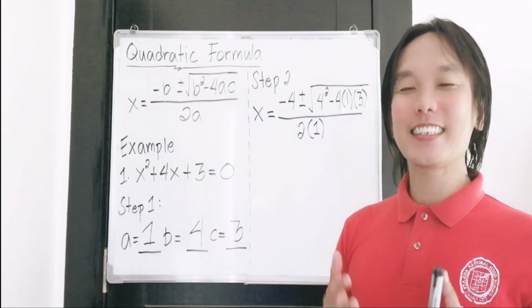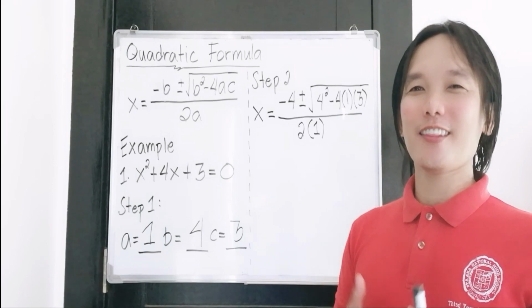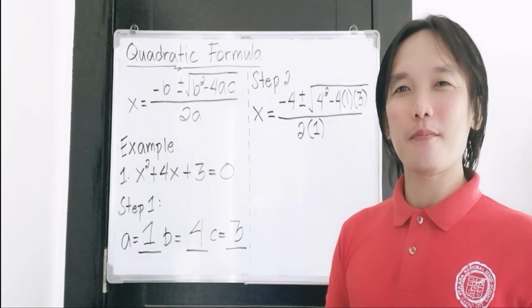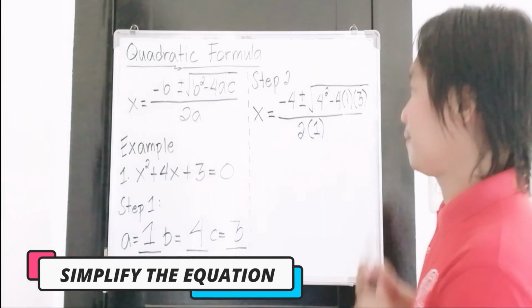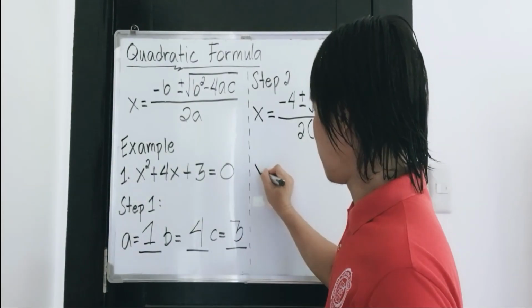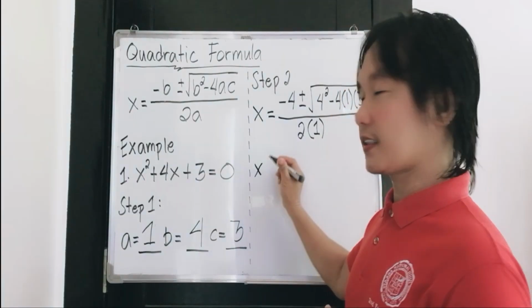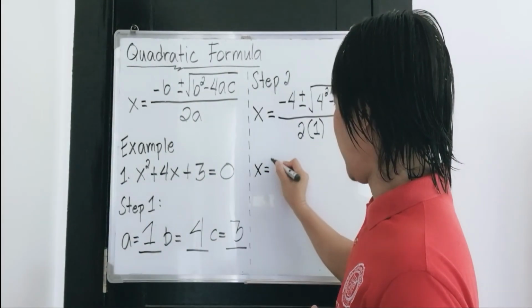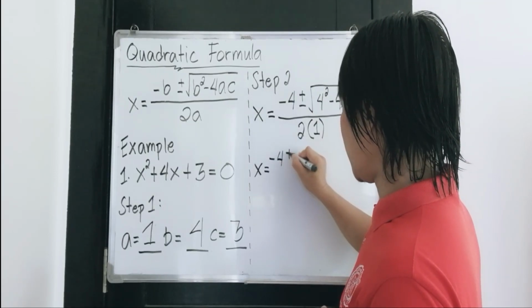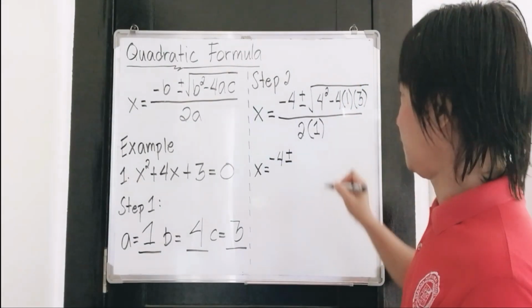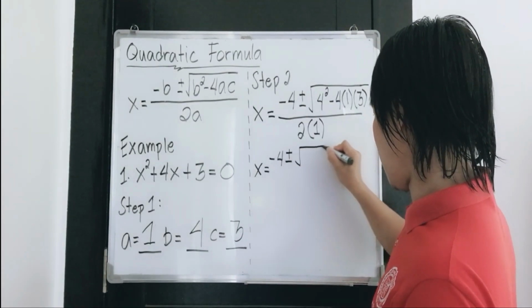Since we already substituted all the letters with their corresponding numbers, let us now simplify our equation. We copy x and copy negative 4, copy the plus and the minus, then the square root.